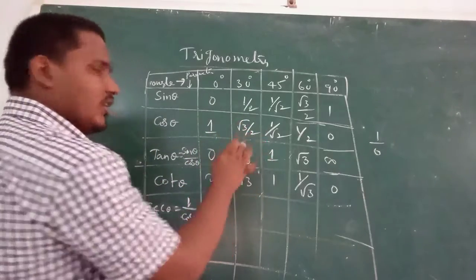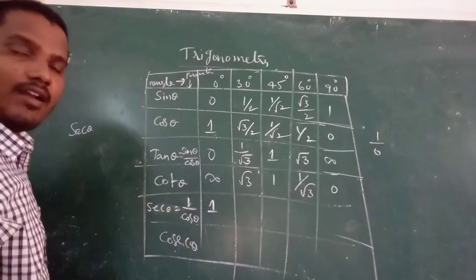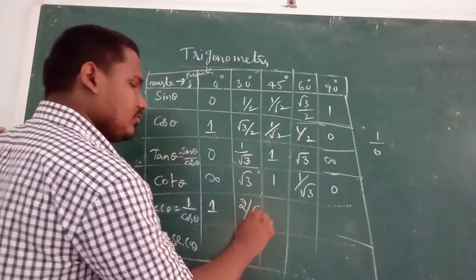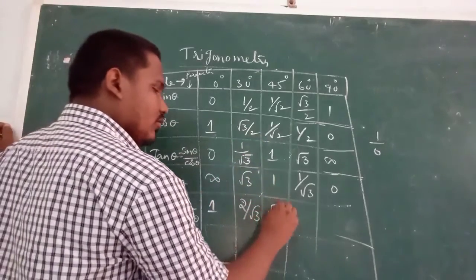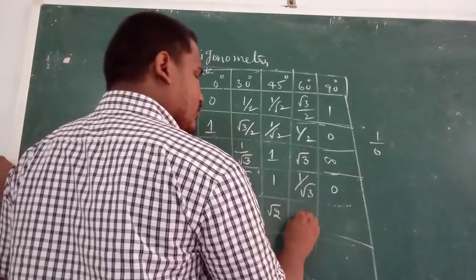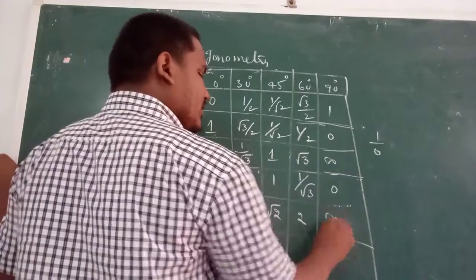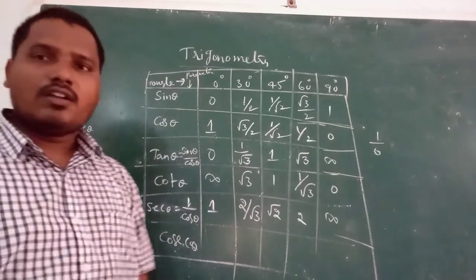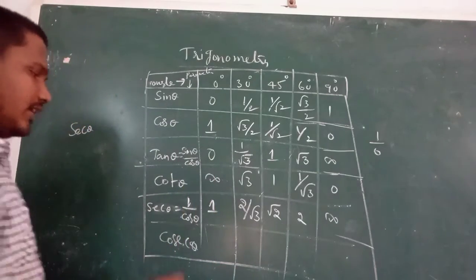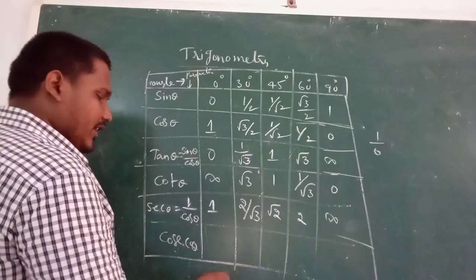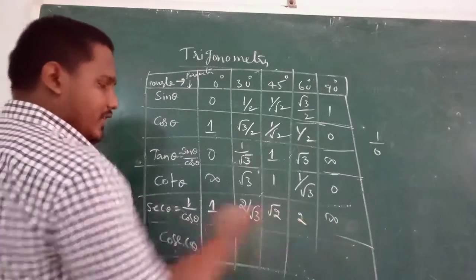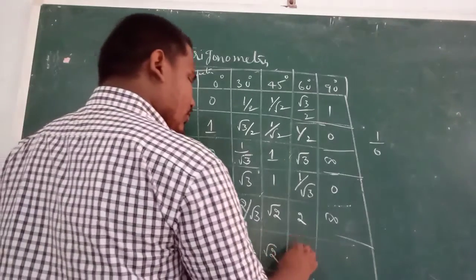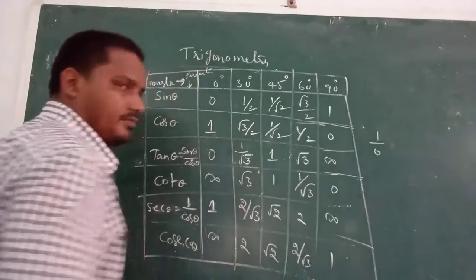Root 3 by 2, denominator gets numerator, numerator gets denominator: 2 by root 3. 1 by root 2 becomes root 2, 1 by 2 gets 2, 1 by 0 means infinite, that is not defined. And cosecant theta is the reverse of the secant theta: infinite, 2, root 2, 2 by root 3, 1.